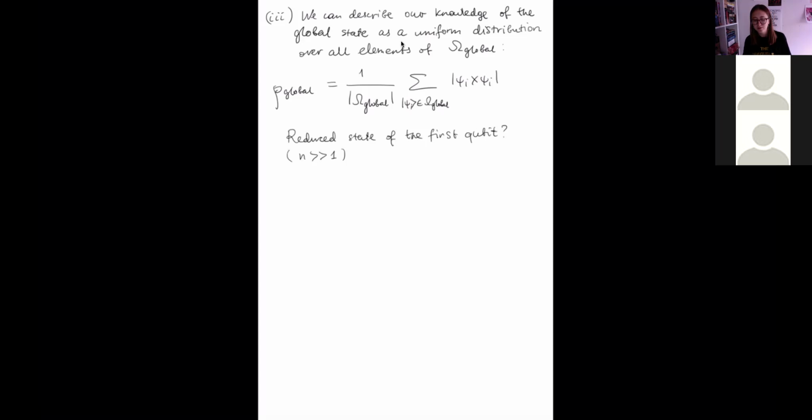In this case, you will find that the reduced state of the first qubit, if the joint system is in this rho global state, will actually asymptotically be a thermal state, which conveys the intuition that, write it here, spoiler, thermal state.